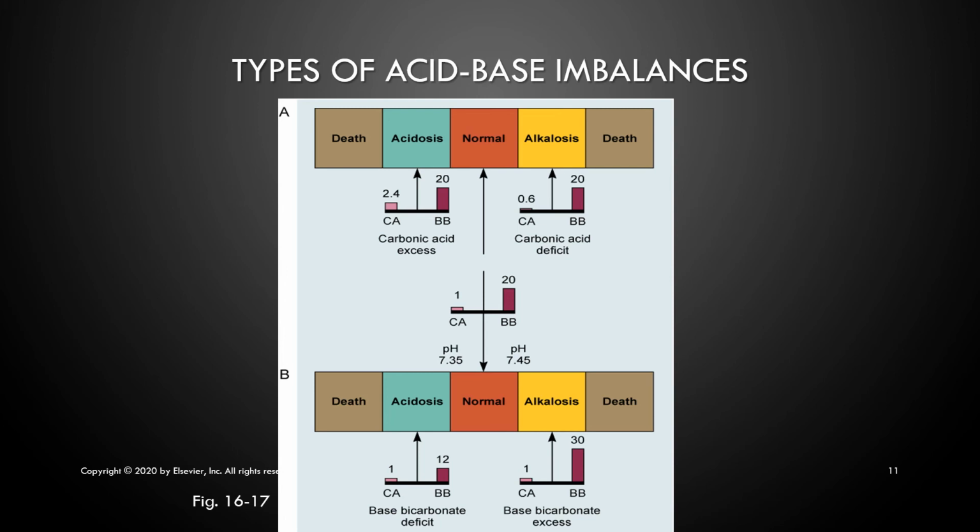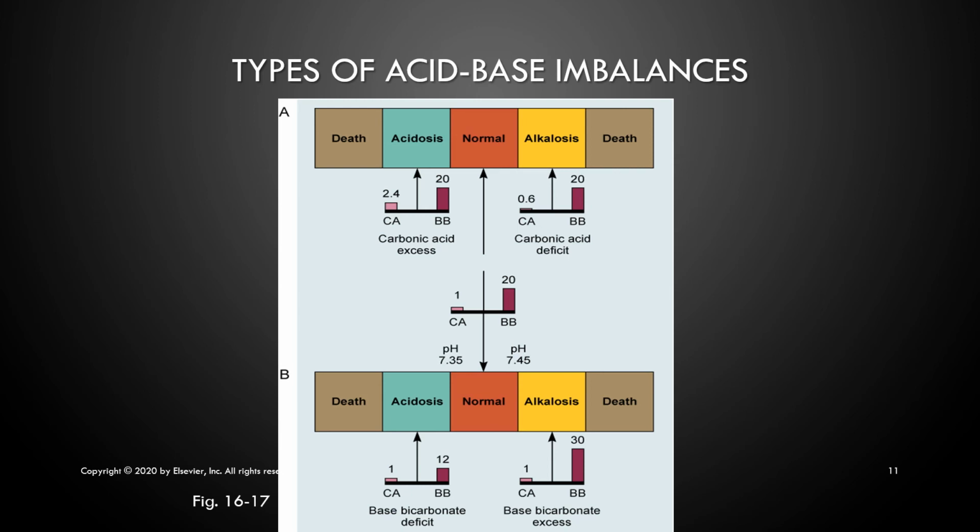So we can see the difference between respiratory and metabolic on this chart. Now, these numbers do not actually represent the ranges that we're going to talk about in just a second. This is just simply a ratio to help you understand. We have 1 acid to 20 base within that normal range of 7.35 to 7.45.